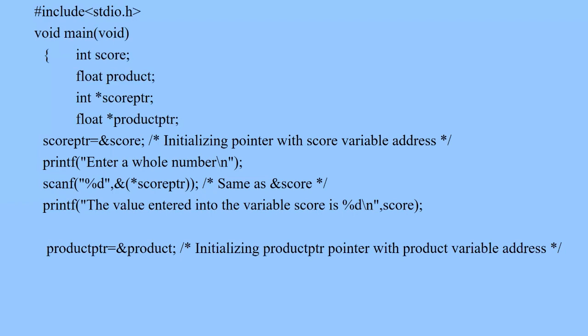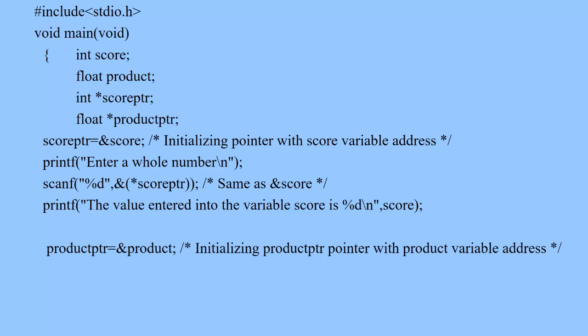Then this other statement means initialize the pointer called product pointer with the address of the variable called product. So it simply means pick or read the memory address of the variable called product and assign that address to the pointer.